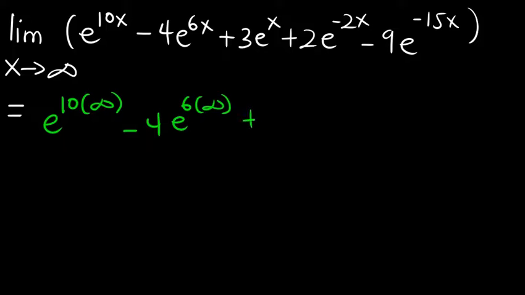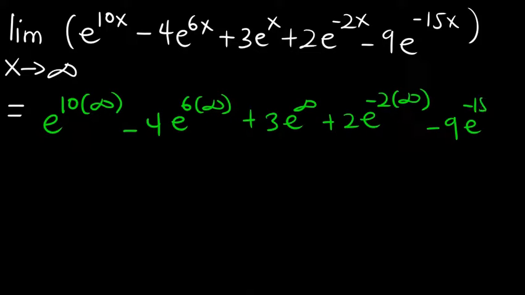infinity plus 3, multiplying e to the power infinity plus 2, multiplying e to the power minus 2 times infinity, minus 9 multiplying e to the power minus 15 times infinity. This is what we have. Let's simplify this and see what you are going to get.